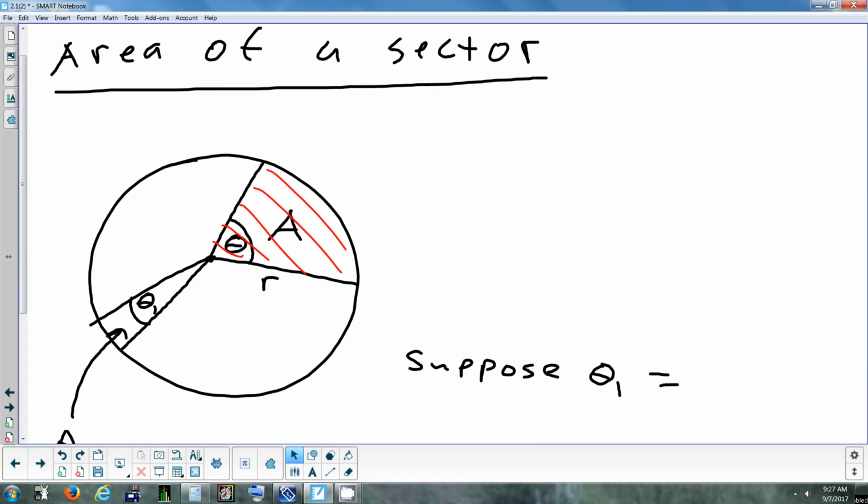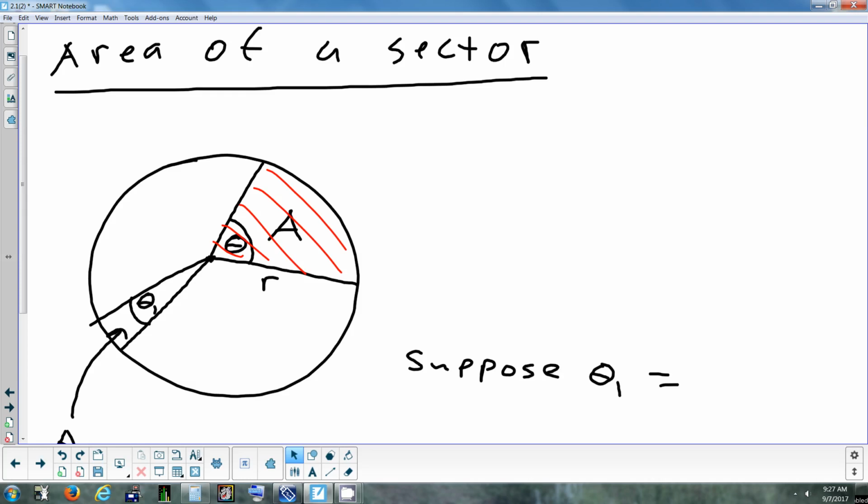Yeah, Ryan? It would double. The size of the angle and the size of the area that it creates are directly proportional. Make this angle half as big, you make the area half as big. Make the angle 3 times as big, you make the area 3 times as big.